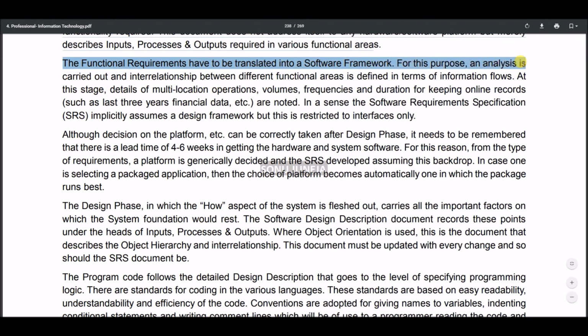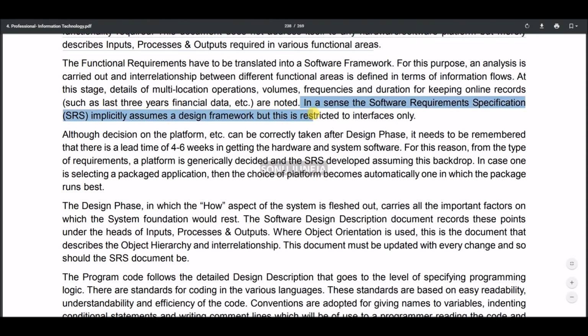For this purpose, analysis is carried out into the relationship between the different functional areas, defined in terms of information flows. At this stage, the details of multi-location operation, volume, frequency and duration for keeping online records, such as the last 3 years of financial data, etc., are noted. In a sense, the software requirement specification (SRS) implicitly assumes there is a design framework, but this is restricted to the interface only.